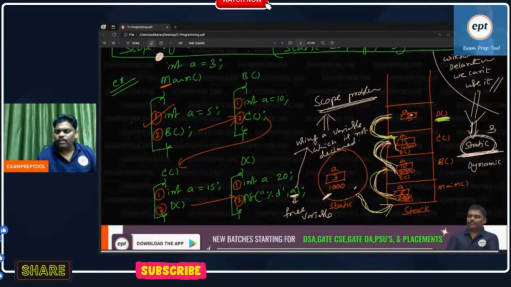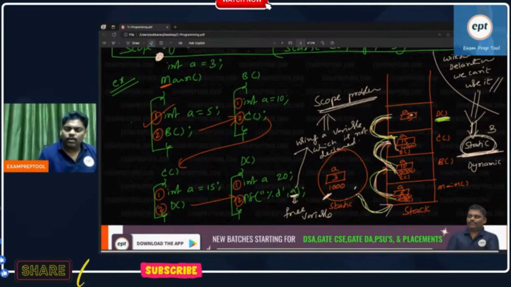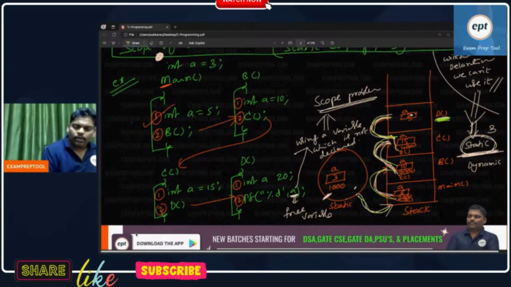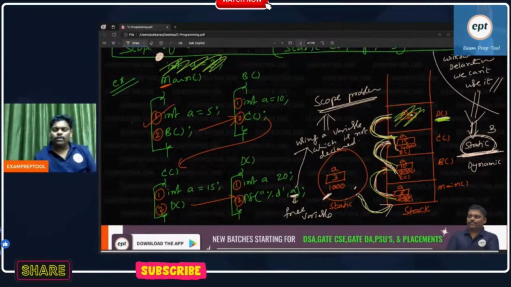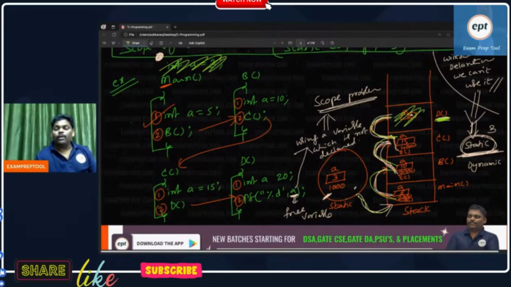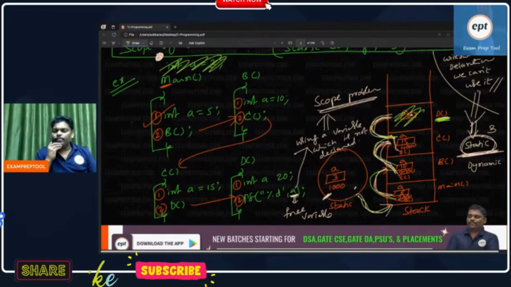Everyone give the answer. What is the output of this program? This line is not there. Static. Write properly in your notes. Output of this program.